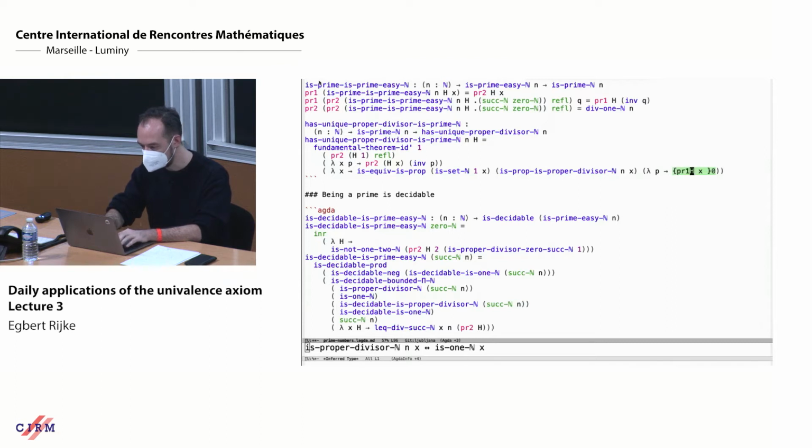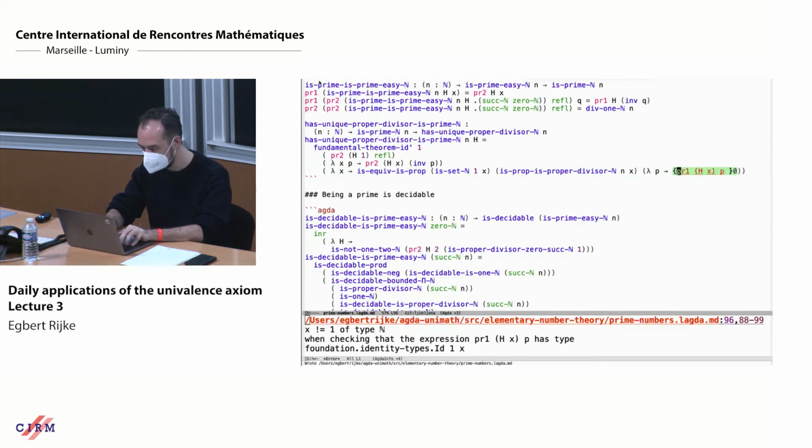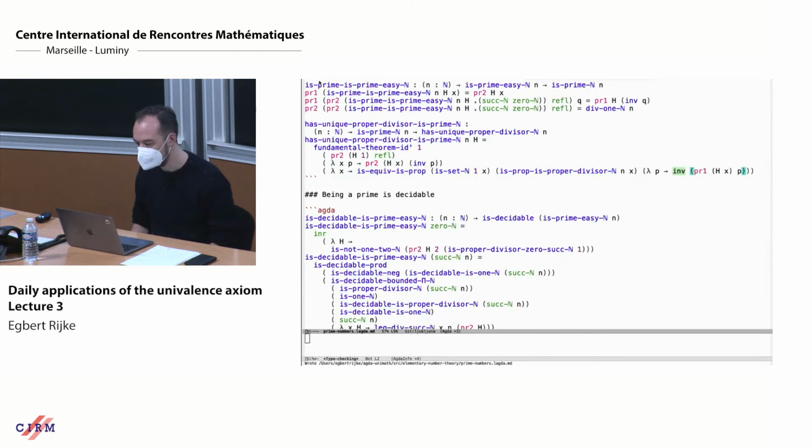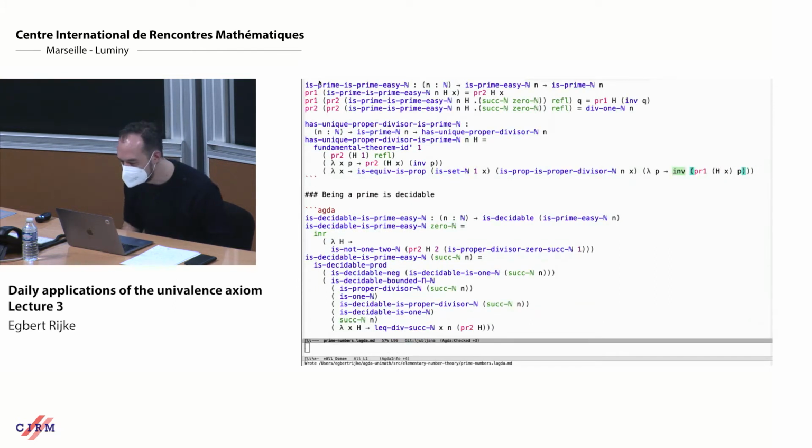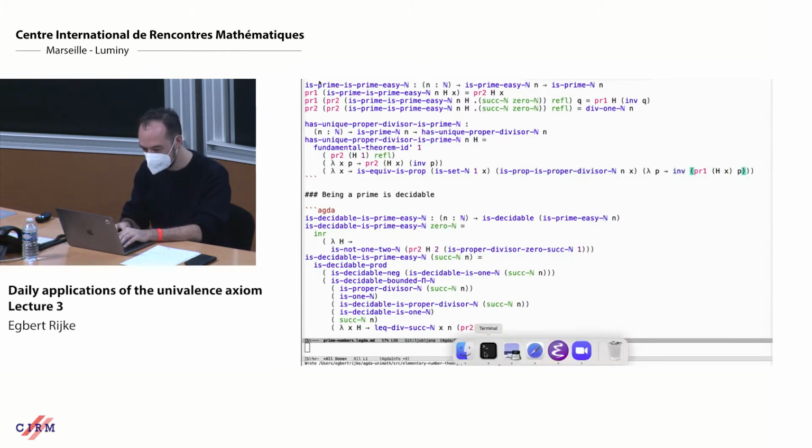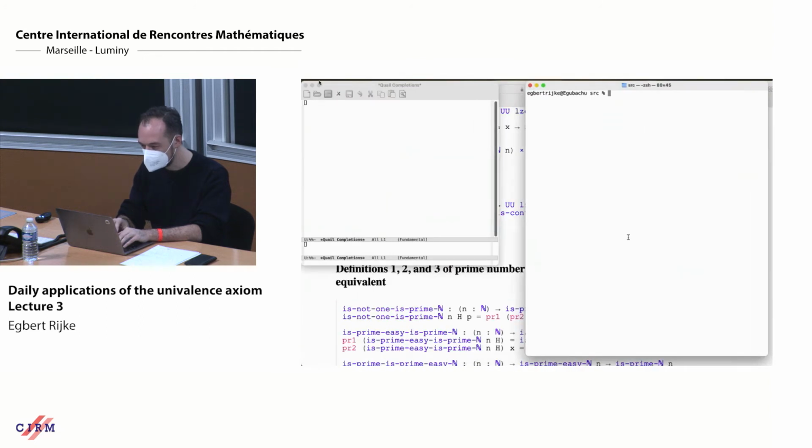I'm pretty sure we can do a PR of 1x here, and then a p. But now, why does this not just work? Oh, I see. Agda wants me to invert that equality. Okay, so that was stupid. Anyway, so we solved our goal.